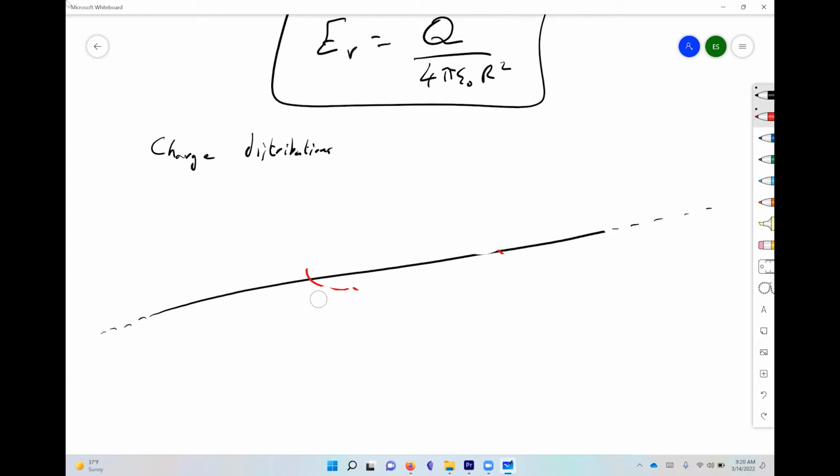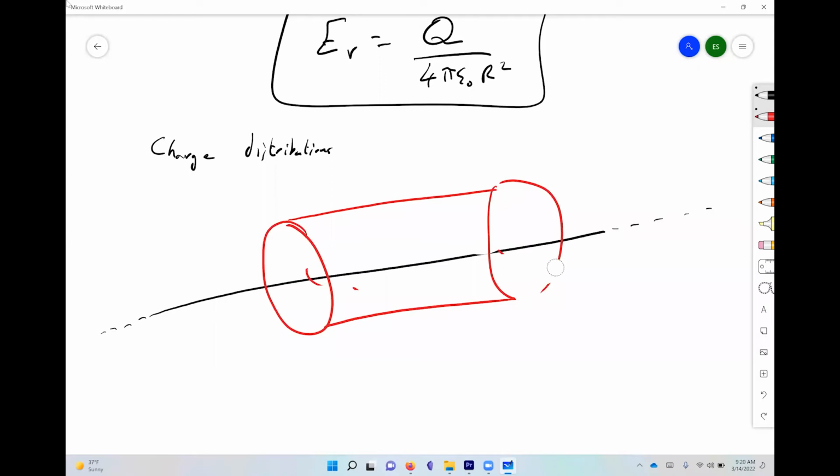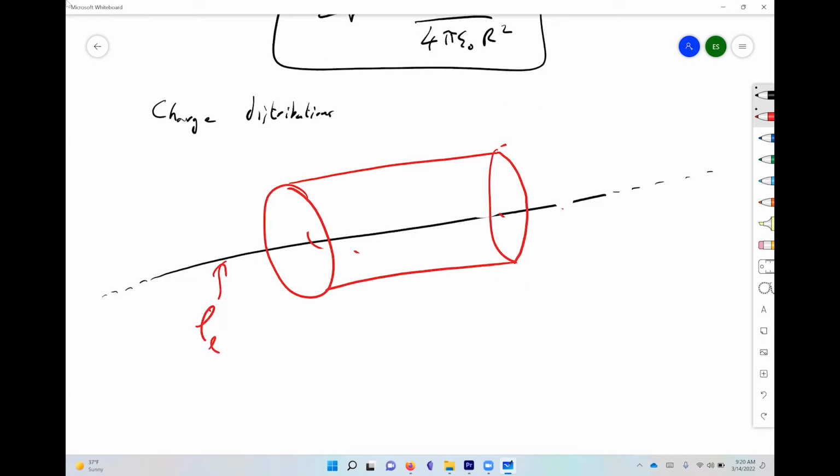Okay, a cylinder centered around the line, and this has rho_L here. Assume it's a uniform charge distribution. Let's say the length of the cylinder is L. An arbitrary cylinder, length L could be anything, right?